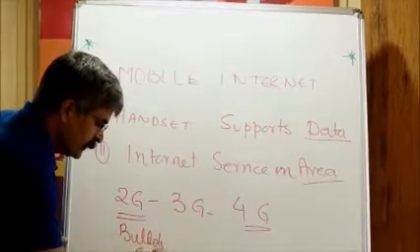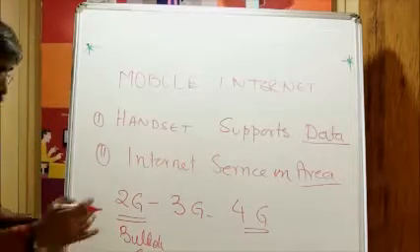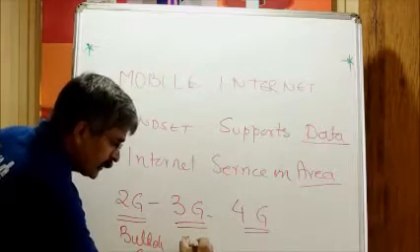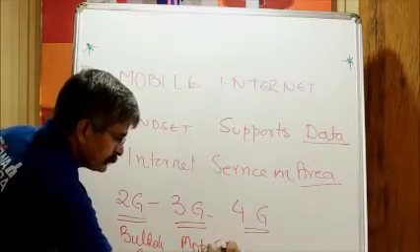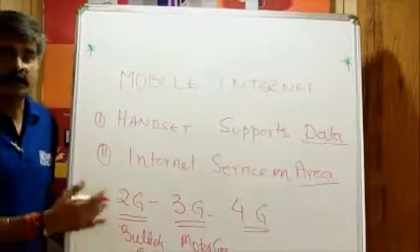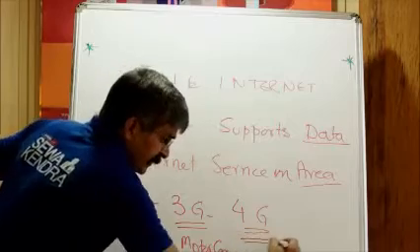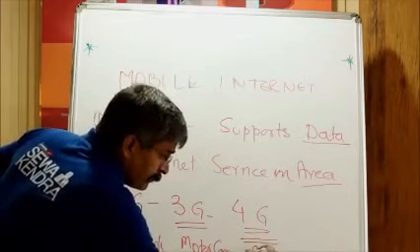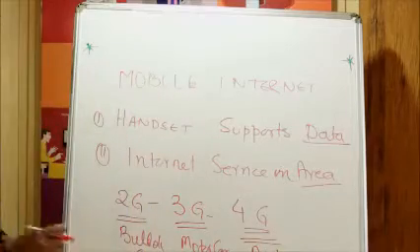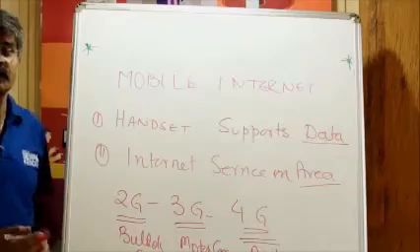It is slow, but it moves you faster than a normal human being can walk. 3G is like a motor car, which runs faster and takes you to the destination at a much faster speed. 4G is like an airbus or an aircraft, which takes you to the destination in a much smaller time.